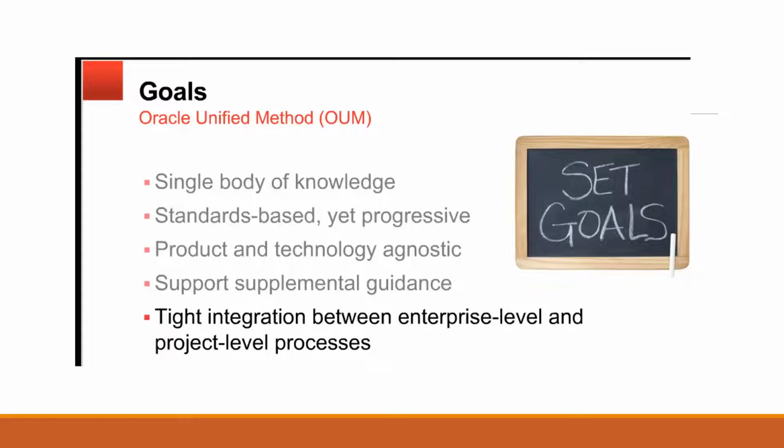So when we create an implementation project, that is nothing but a project level process. But internally, when we define those setups, that is an enterprise level setup. So OUM has the combination of project management plus setup.